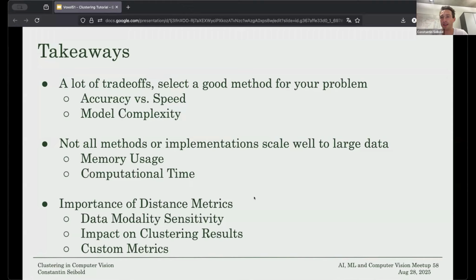Just on this point, I think the most prominent example for these clustering algorithms has been in the DINO models of Meta, where they have applied clustering on their large billion scale data sets to filter ineffective samples or curate the data set in a way that enables self-supervised models to perform better.